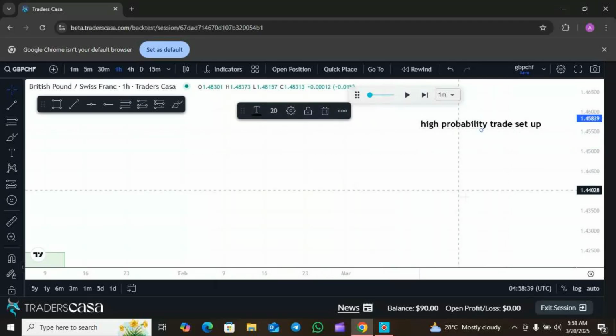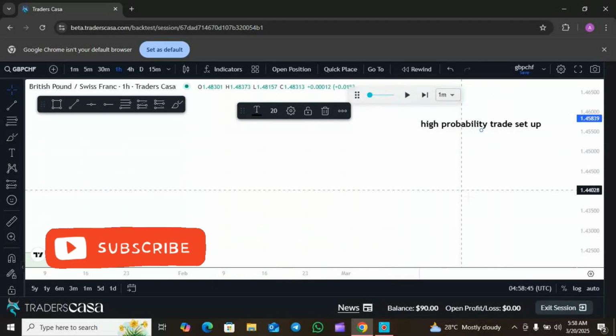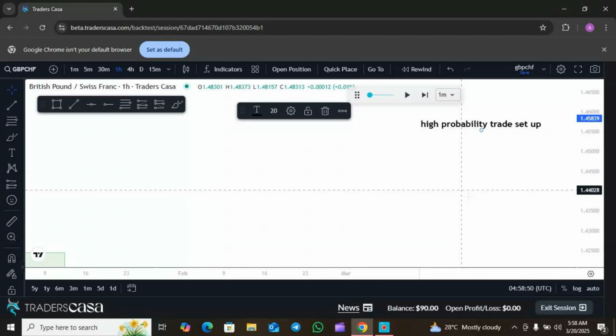All right. So you all know what is a high probability trade setup. A high probability trade setup is your A plus setup, that's your A1 or A plus setup that you always wait for.